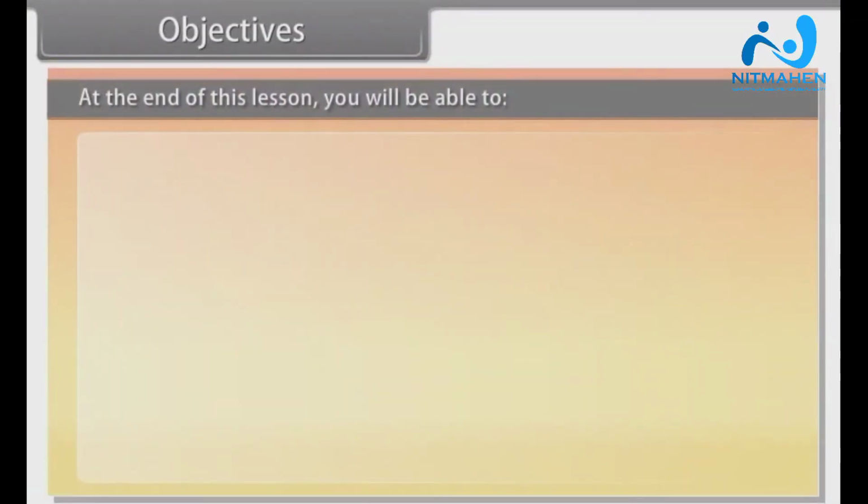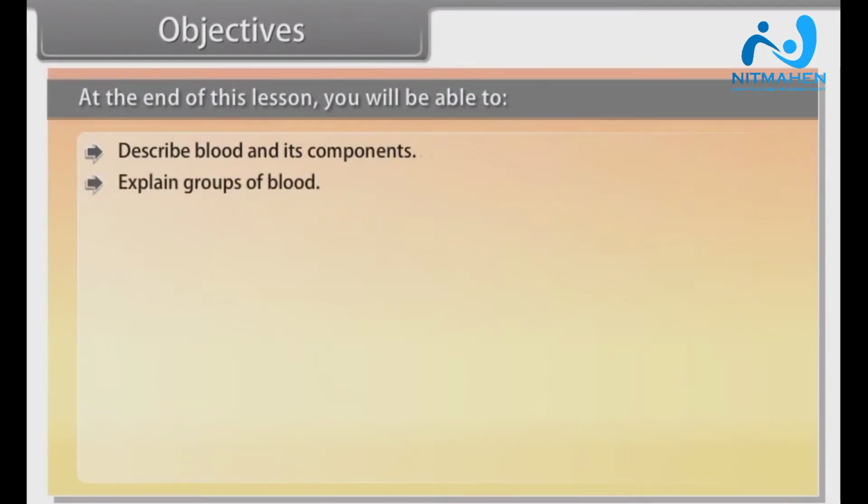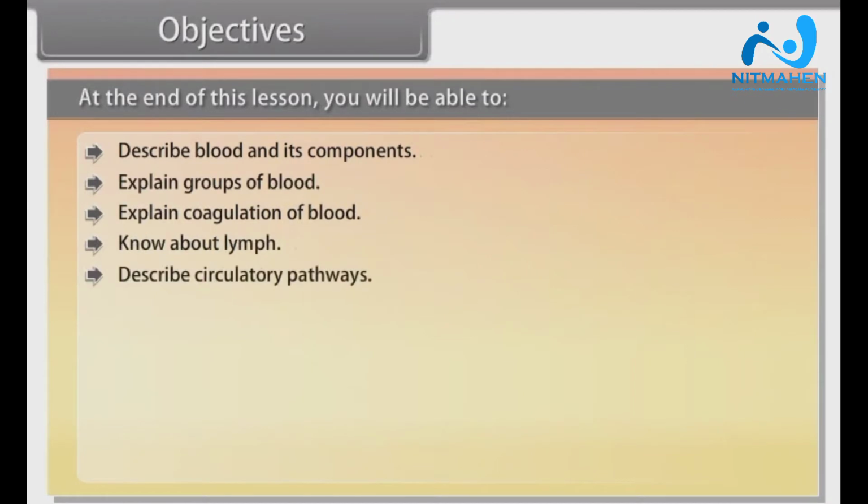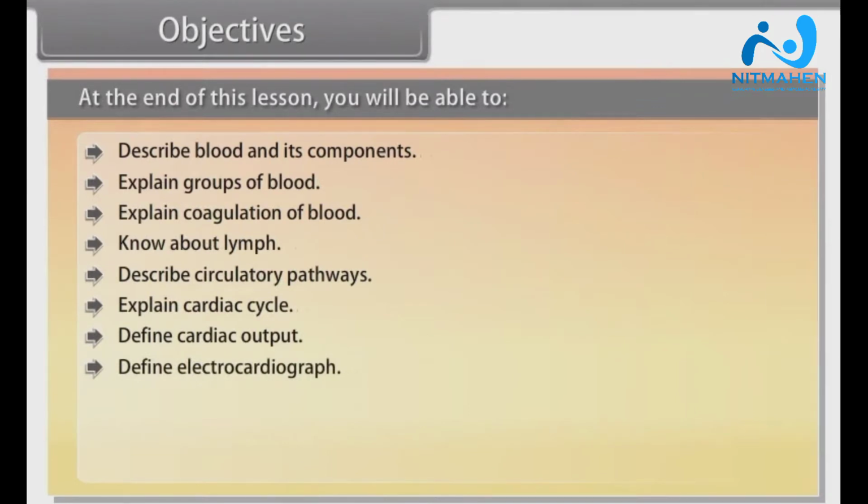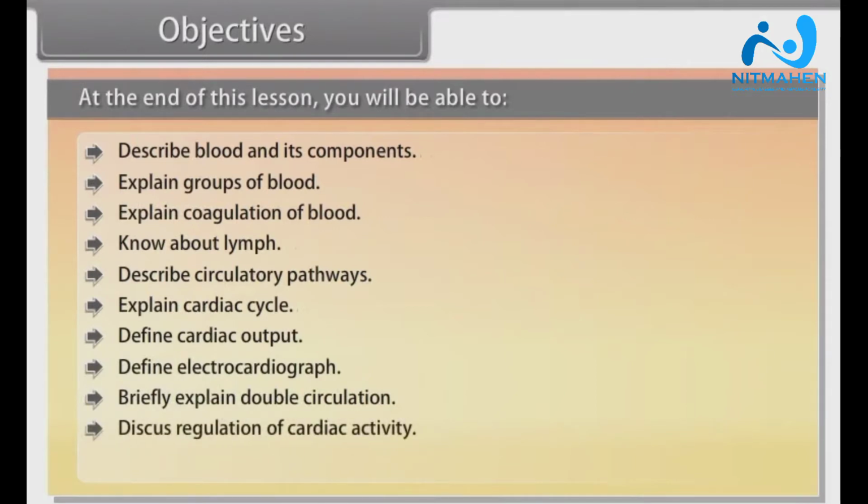At the end of this lesson, you will be able to describe blood and its components, explain groups of blood, explain coagulation of blood, know about lymph, describe circulatory pathways, explain cardiac cycle, define cardiac output, define electrocardiograph, briefly explain double circulation, discuss regulation of cardiac activity, and discuss disorders of the circulatory system.